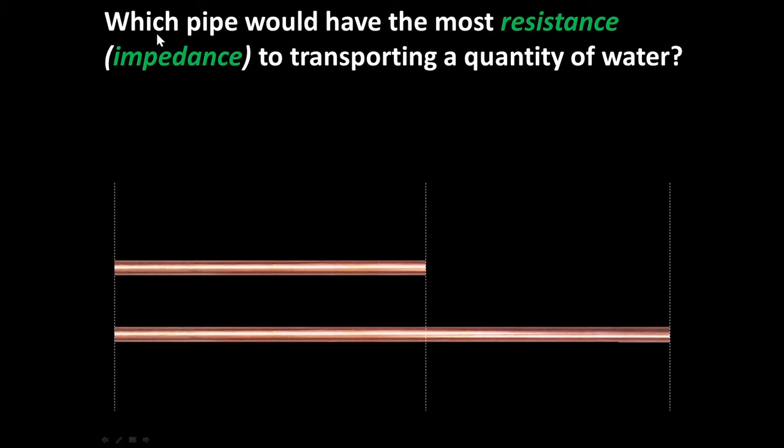So the question here is, which pipe would have the most resistance, or another word for resistance is impedance, to hinder or to impede, to transporting a quantity of water? So if we had a pipe this long and a pipe twice as long, maybe no surprise, length is going to be one of the variables that affects how much resistance there is to water flowing through there.